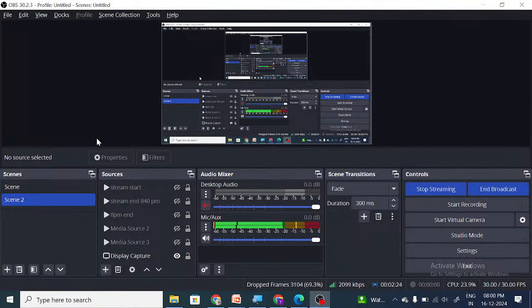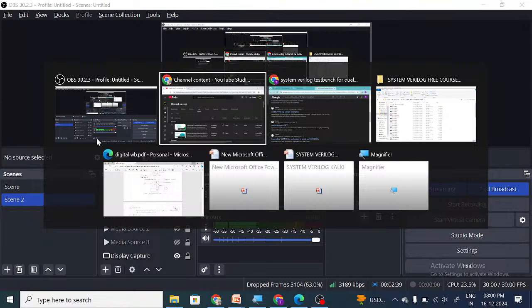So let us start this session. In this session we are going to discuss fork join, and what is this fork join. Threads in SystemVerilog. Let me open my presentation.